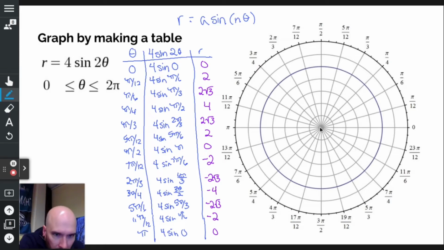0, 0 is a dot in the middle. As we move around, you go to 2. 2 root 3 is going to be somewhere around here-ish. And then we hit 4. And then 2 root 3 again. And then 5 pi over 12 is 2.